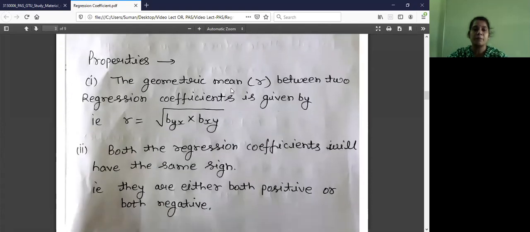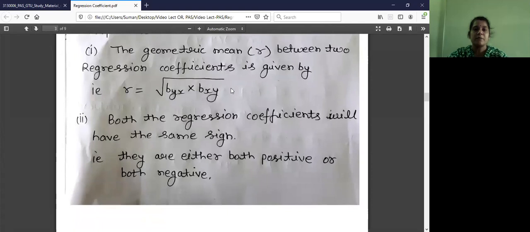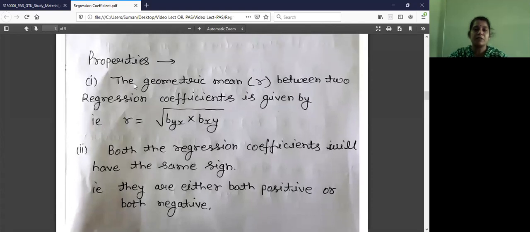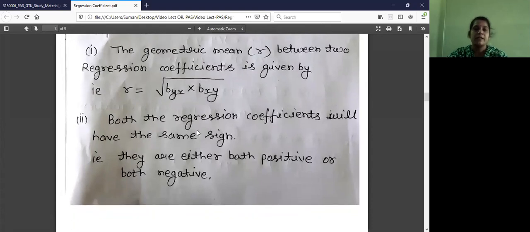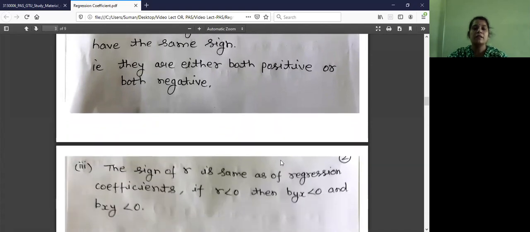and this is the formula of the two regression lines. And the properties we have already seen. Property number 1: the geometric mean, that means r, of the two regression coefficients is given by r is equal to root of byx into bxy. Got it? The second property is both regression coefficients will have the same sign, that is, they are either both positive or both negative.